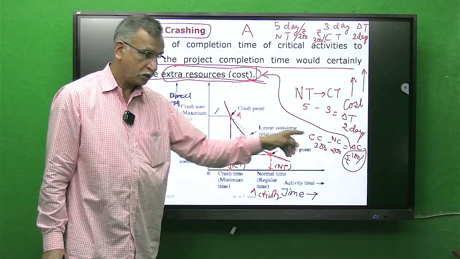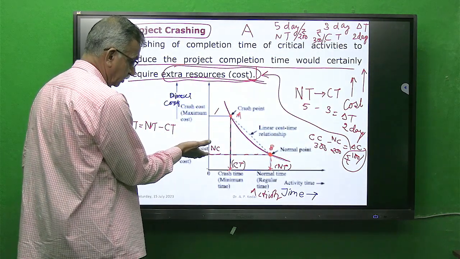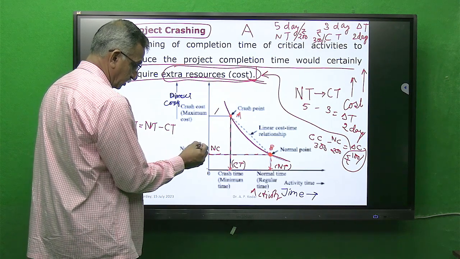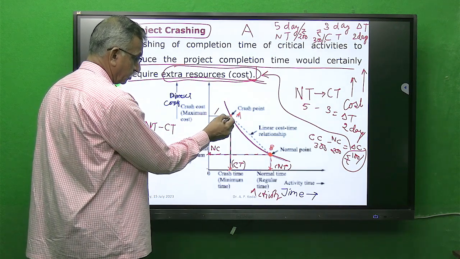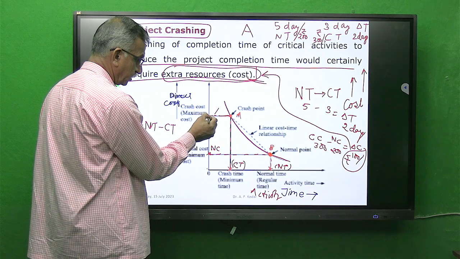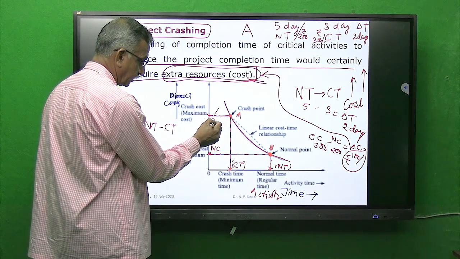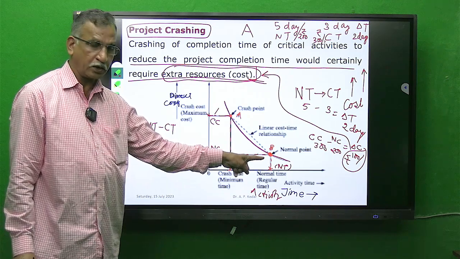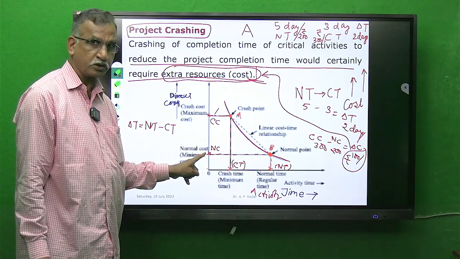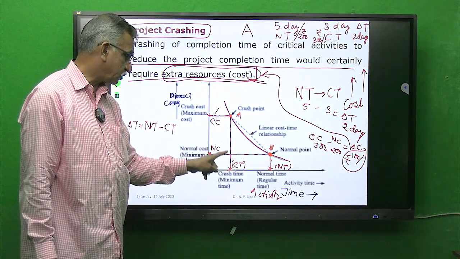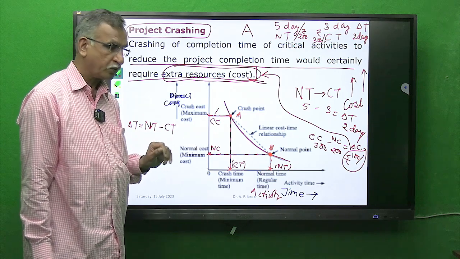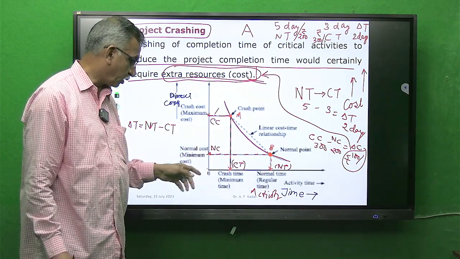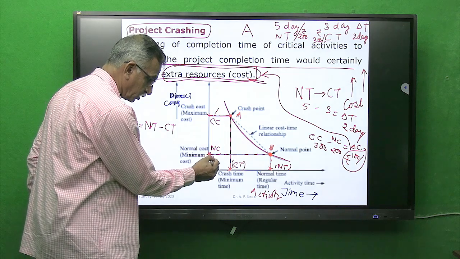See that cost is increasing from this normal cost point to, if you drop a projection here, this is the crash cost. Earlier, for normal time, your cost was this. Now for crash time, your cost is this.